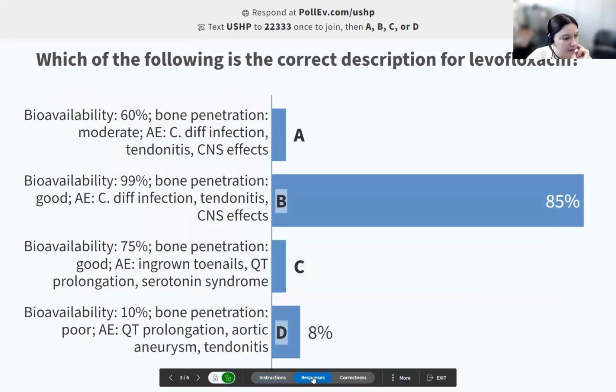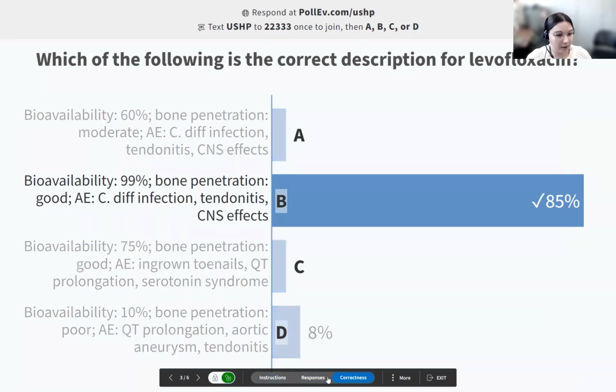Great, thank you everyone for your responses. So looks like most people chose B as the correct answer. So A is incorrect. The bioavailability is much higher for levofloxacin. It does have good bone penetration. Those adverse events are adverse events we may see with that medication.